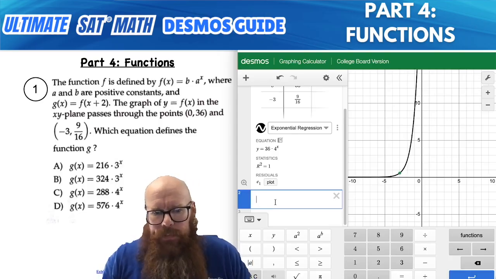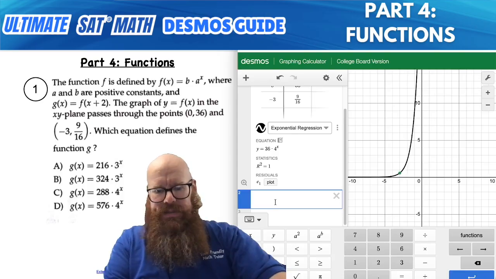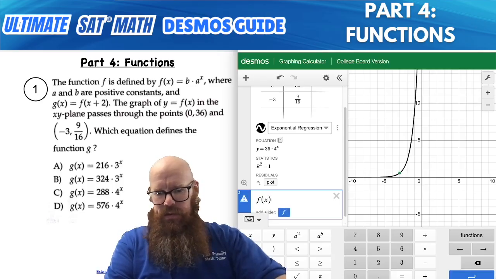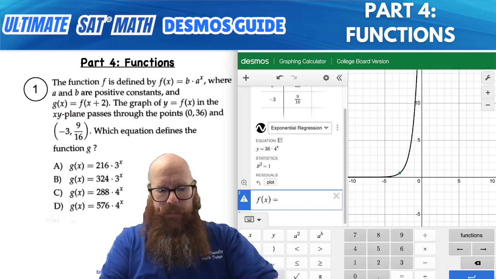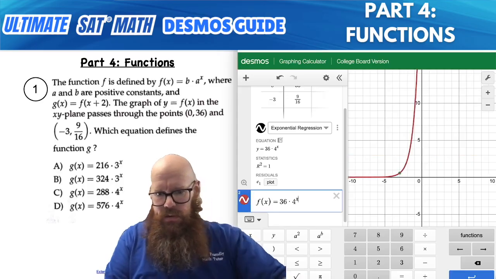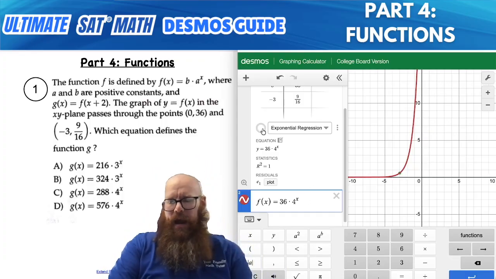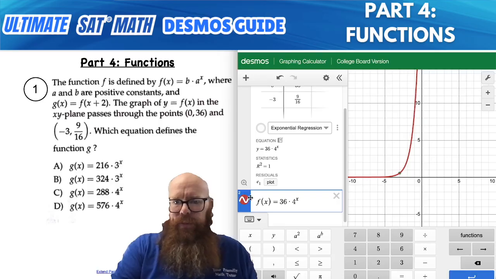So what I'm then going to do is use that to find the equation that defines g. I'm going to do it this way. I'm going to say f of x equals 36 times 4 to the x. All right, and I'm going to unclick this one. So I just want this one clicked.